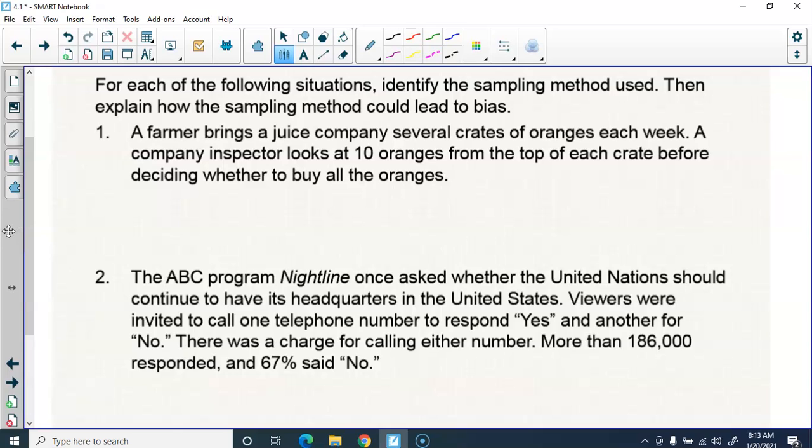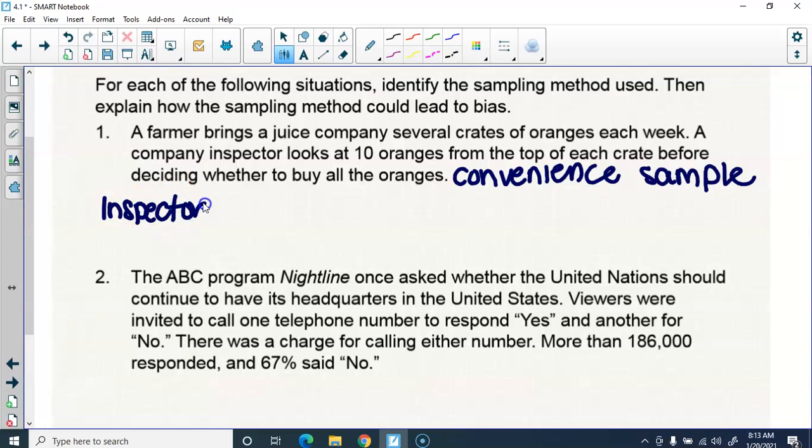Because the inspector is just looking at the top of oranges, that would be the convenience sample. It's convenient to look at the top ones, but it might not be representative of the entire crate. So in this case, the inspector could overestimate quality if the best are on top.